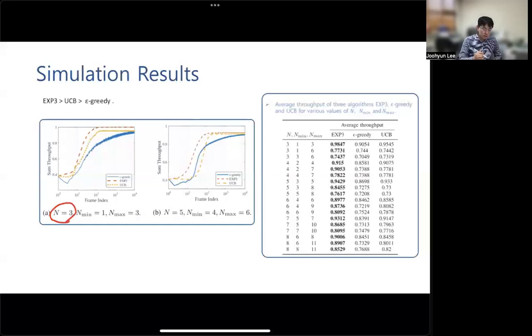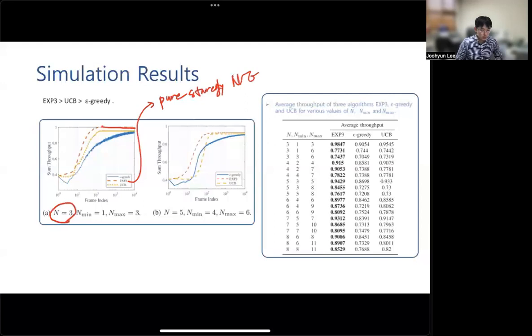Essentially the learning algorithm converged to the pure strategy Nash equilibrium. And at this pure strategy Nash equilibrium, we have a throughput of 1 after some frames.